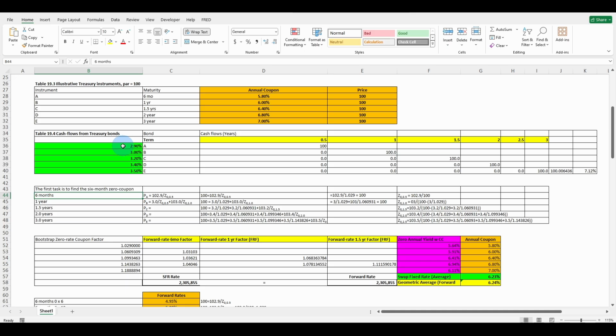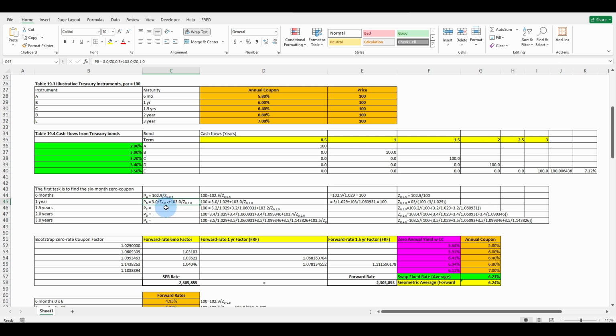Here's our price, 100.29 divided by Z. Then we're going to have the rest of the notations, 109 divided by 102.95. That's 102.9. Now the 1 year is going to be 3% divided by Z0 plus 103, which is going to be your $100 plus the dividend. First 6 months, second 6 months.